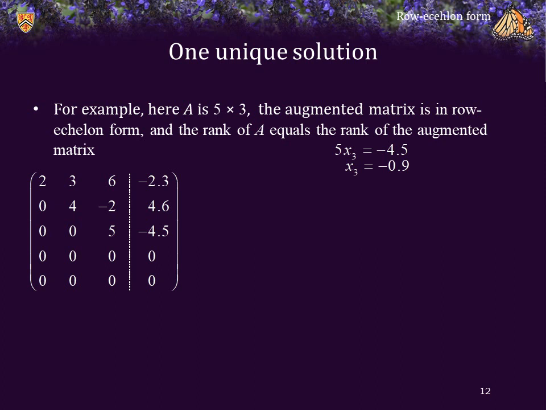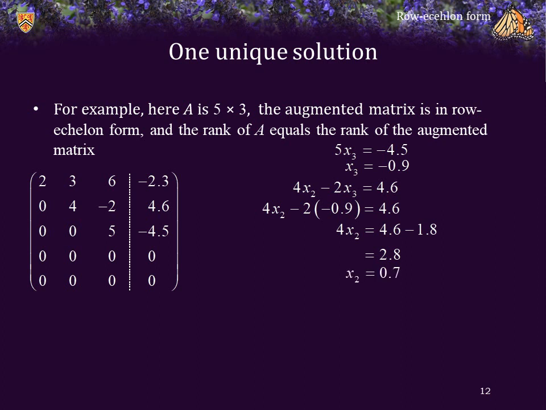Next, going to row 2, this says that 4 times x2 minus 2 times x3 is equal to 4.6. Substituting in the value of x3, we get this equation here. Consequently, subtracting 1.8 from both sides gives us the equation we see here. Now, dividing both sides by 4 gives us that x2 is equal to 0.7.